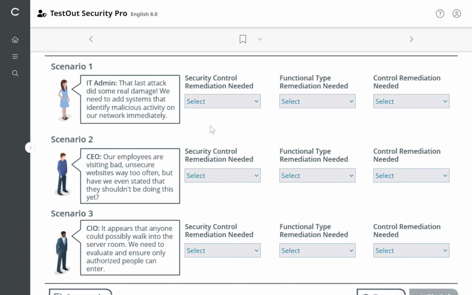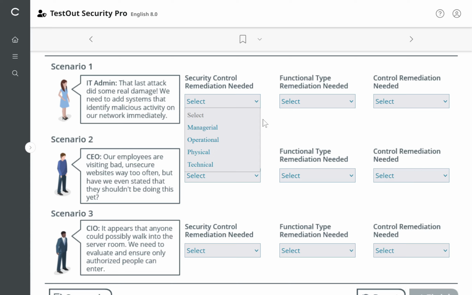So in this particular case, the last attack did some real damage. And they need to add systems that identify malicious activity on their network immediately. Okay. So we are going to select a security control remediation that will be needed to address this issue. So if their main objective is to identify malicious activity on their network immediately.